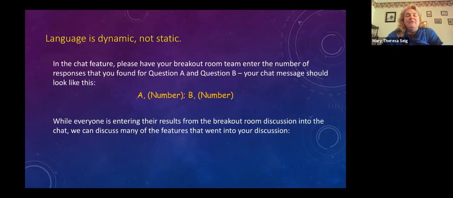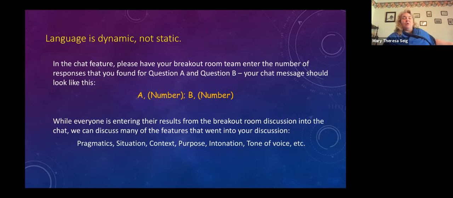Because of course, when we look at a grammar textbook, we're trying to teach students the language, we give them a question and one answer. But so many things go into how the context of that question changes and how therefore the answer to that question changes. The pragmatics, what's the relationship between the two people who are asking the question?